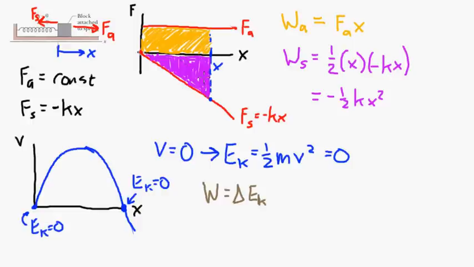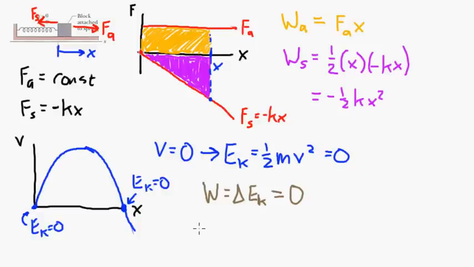Then what we want to say is that the total work done on this block is going to be the change in kinetic energy. It starts at 0 and ends at 0, so the total change of kinetic energy over this whole period is 0. So we want to find a spot where the total work done is 0.